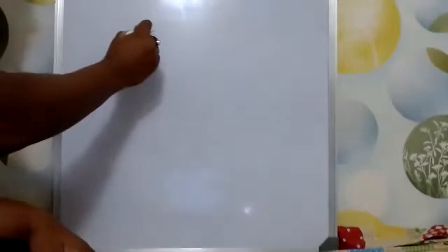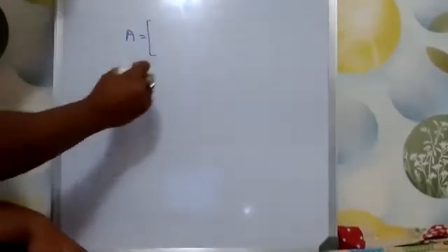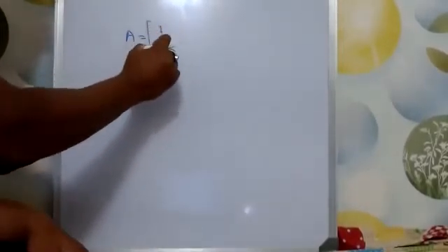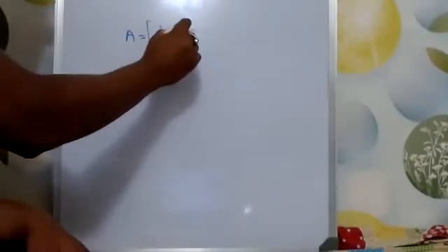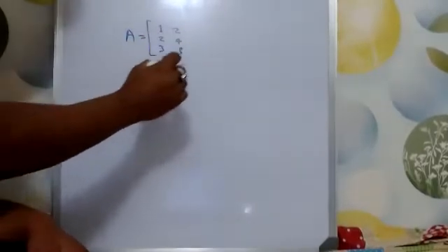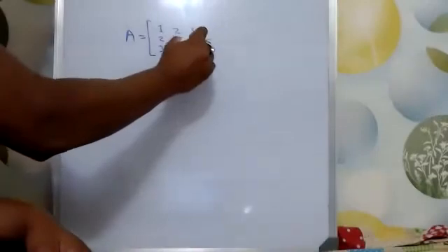So how do we find the left null space of A? Let us take an example. A is equal to 1, 2, 3, 2, 4, 8, 3, 6, 9.